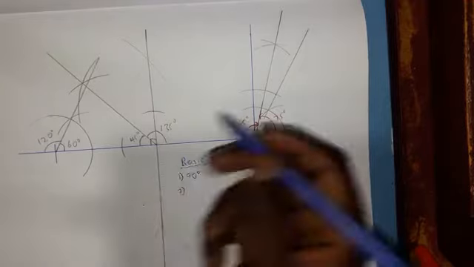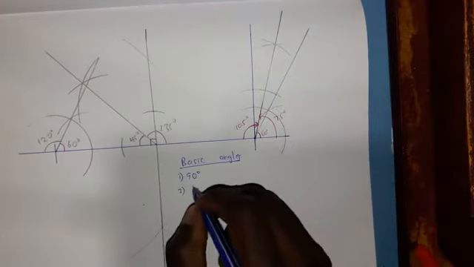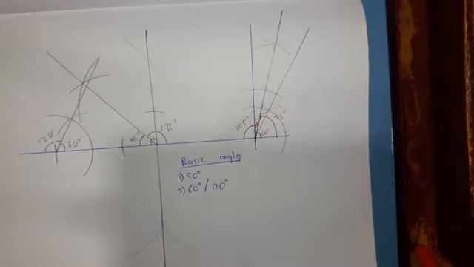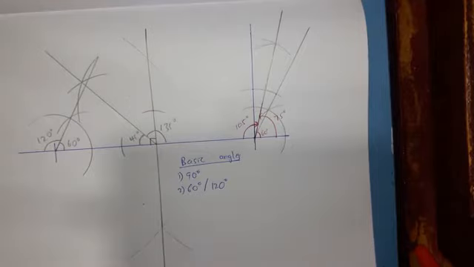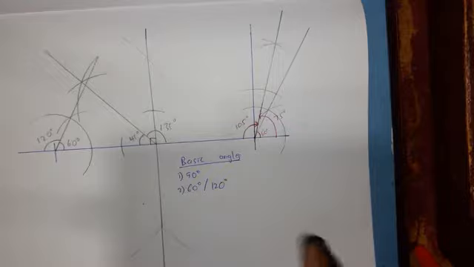When I call them basics, it's because the moment you construct them, it will be the same. 90, we have 60 degrees in tandem, 120 degrees. These are the various angles. You can draw them directly. The rest will be based on what we have here, subdividing them and making them quite clear.